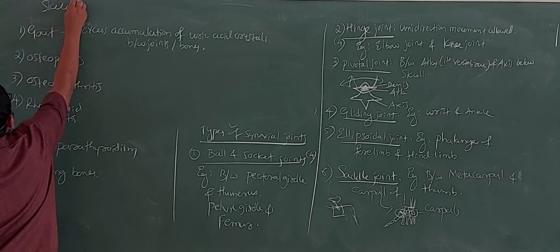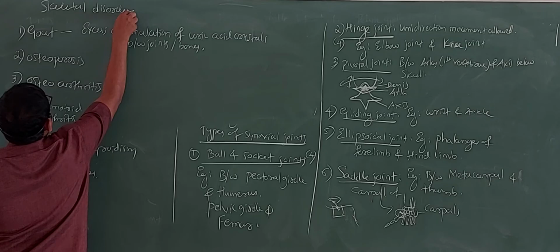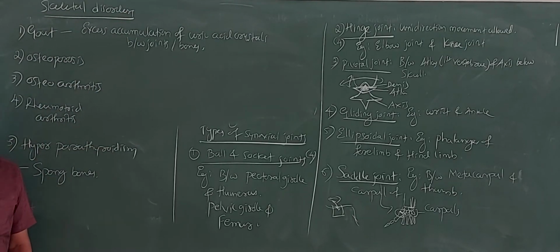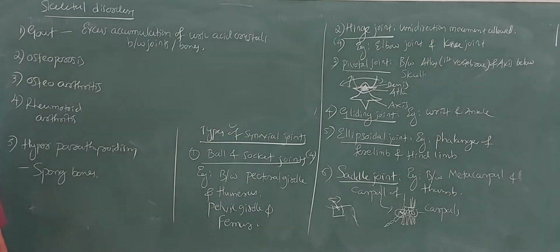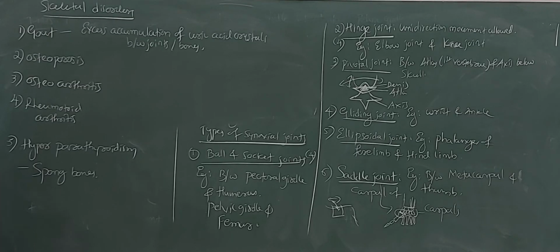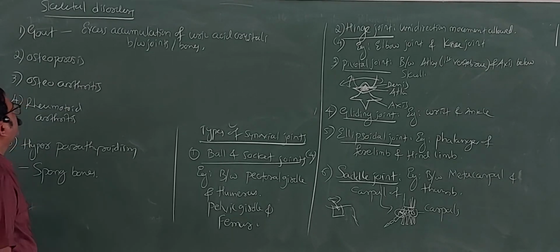Gout: when the kidney is malfunctioning, uric acid is formed and not eliminated properly, and excretion is not happening. Uric acid forms crystals that accumulate between the joints, the person has swelling of the joints, and there is no proper mobility or movement of the joints. That leads to a disorder called gout.